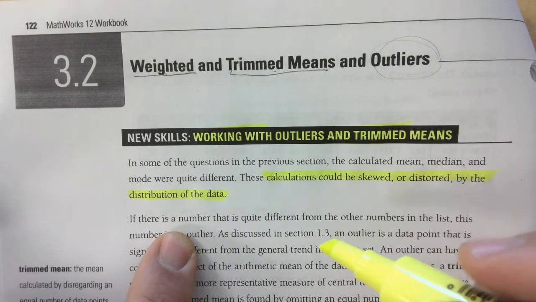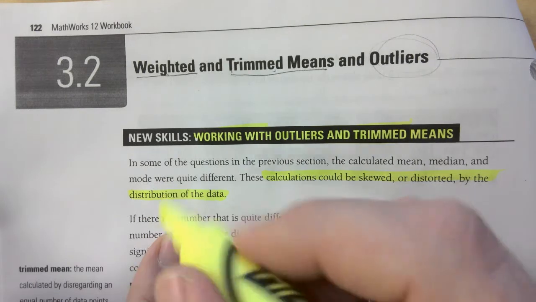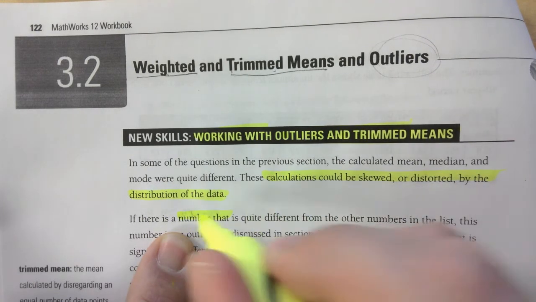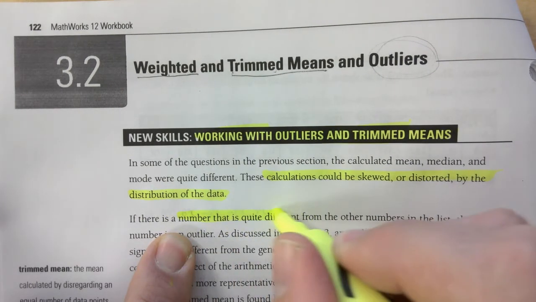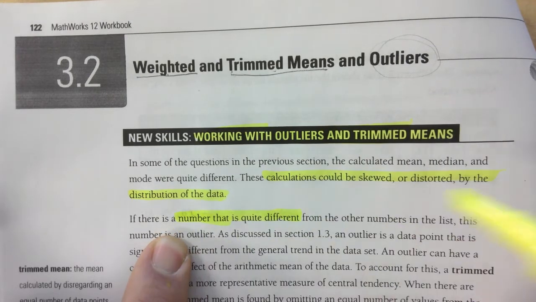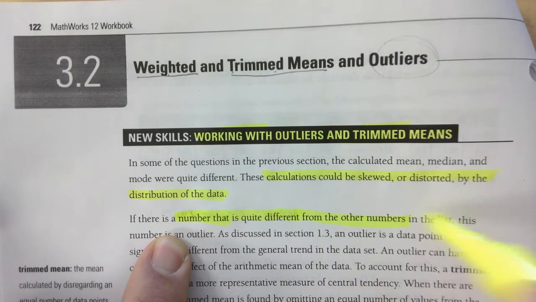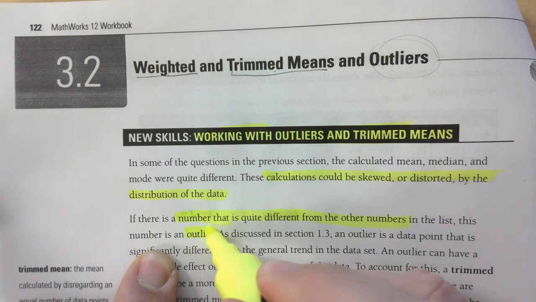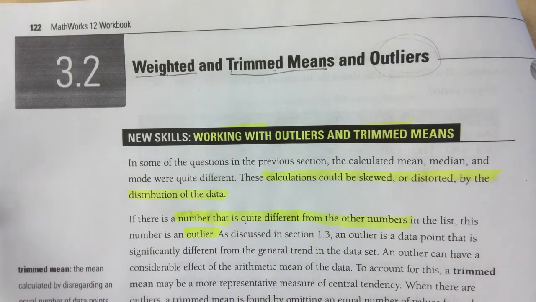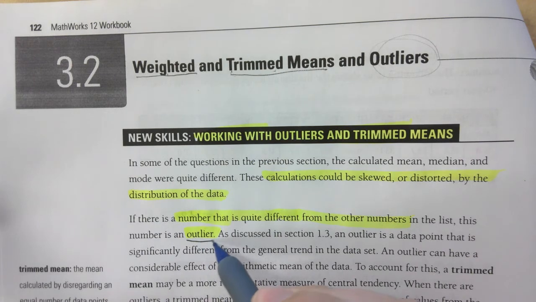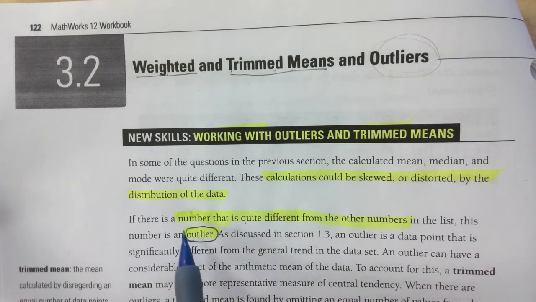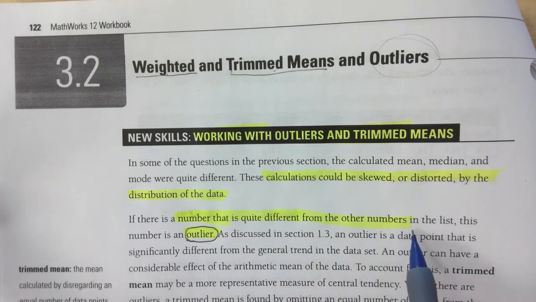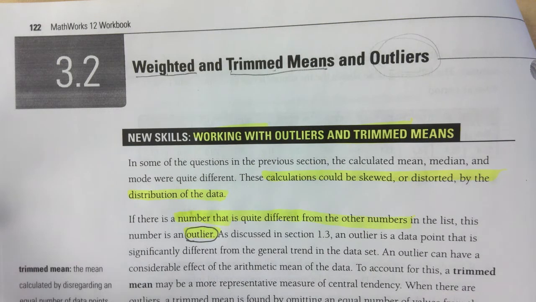If there's a number that is quite different from the other numbers, this is an outlier. So there's your definition of an outlier: a number that is quite different from the other numbers.